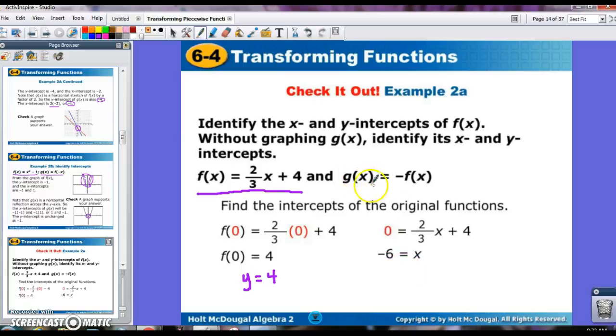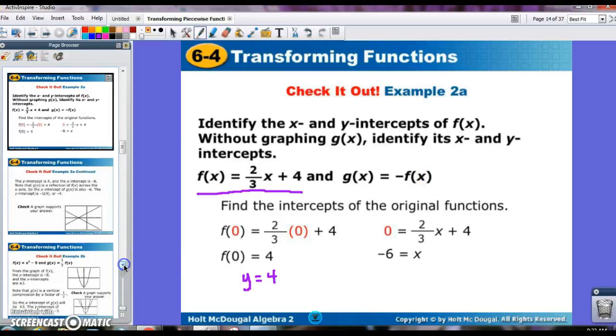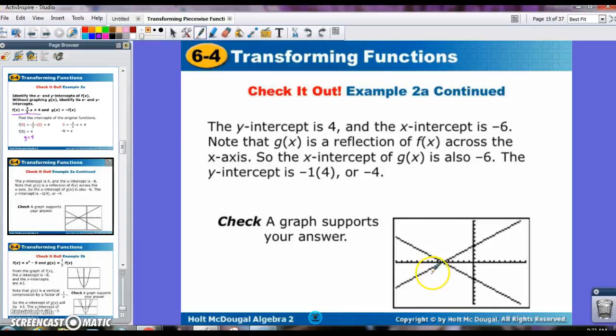Now we're going to do this transformation. I'm negating the y. I'm negating the whole function, which is the same as negating y, which is the same as reflecting over the x-axis. We start off with our intercepts of y is 4 and x is -6.